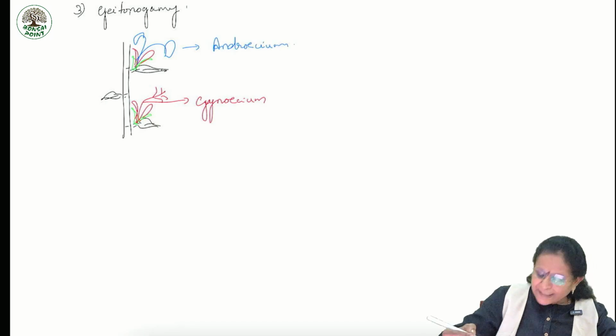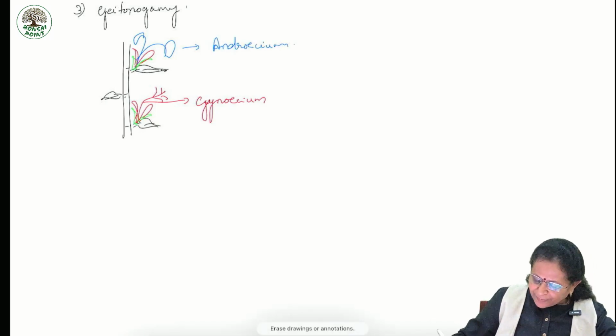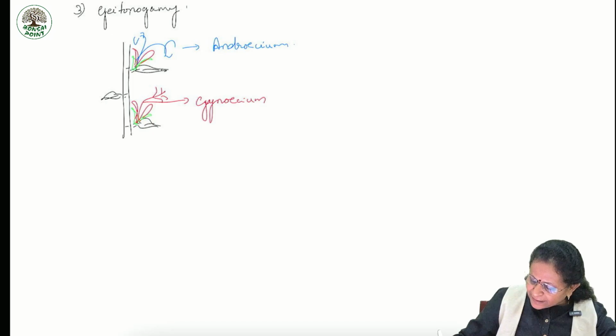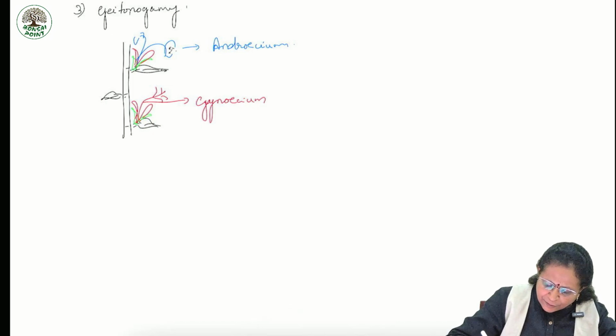For the pollen grains to release, what should happen? The anther should dehisce, isn't it? So here I am showing the anther has dehisced. Later, I'll just draw the pollen grains here. Okay, these are the pollen grains that I am showing. Have a look now. This is one plant.